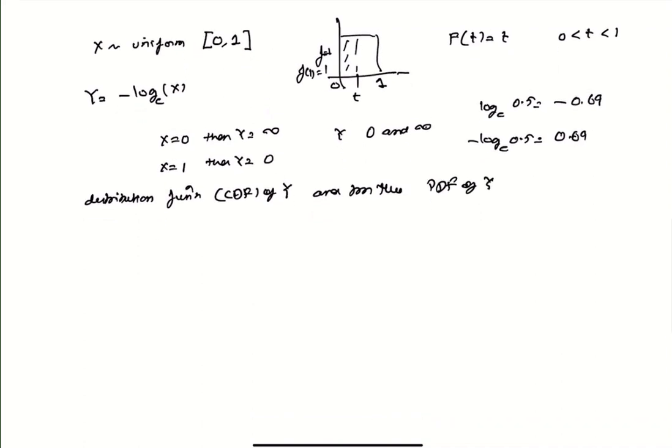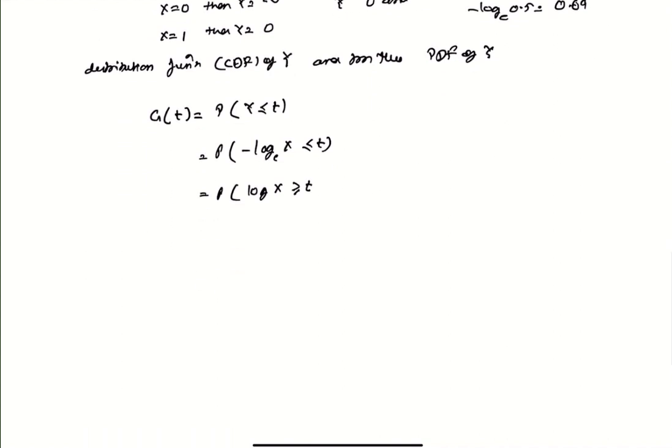Okay, so let's say g is the CDF. So g of t is going to be the probability of y less than or equal to t. So we're going to say the probability that negative log e of x is less than or equal to t, which will become the probability of log x more than or equal to negative t, which is another mathematical rule here, that this will become the probability that x is more than or equal to e to the power minus t.